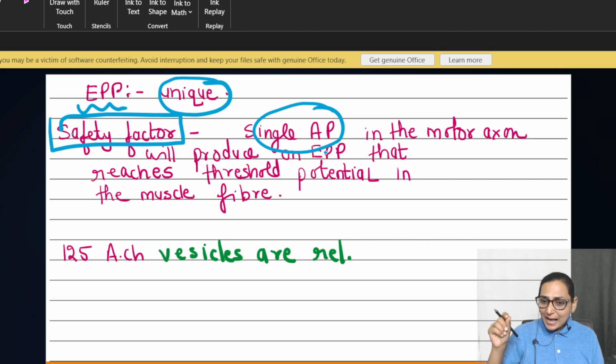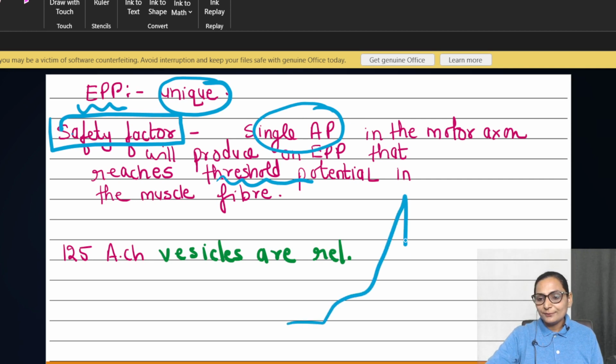That means it has the potential to reach the threshold of that muscle fiber and convert that EPP into an action potential. So suppose this is the EPP, it will be converted into an action potential. This is the unique feature of the end plate potential at NMJ, that it has a safety factor, and it can be converted into an action potential.